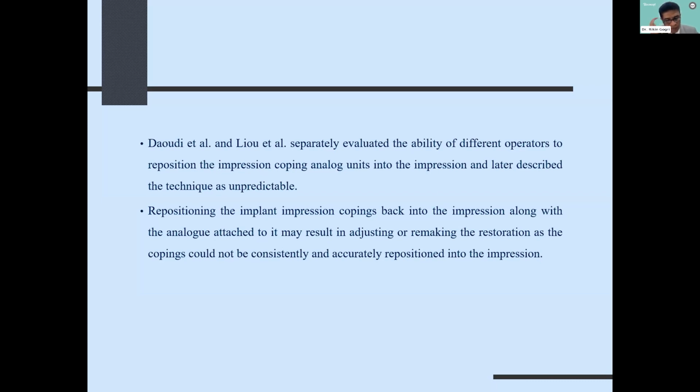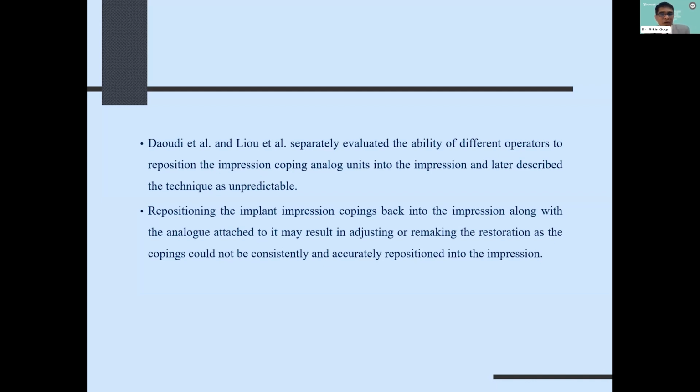So as I was saying, if your impression material is not of adequate thickness, or while you are trying to put the lab analog into the impression coping and you use the screwdriver a little more, then you might rotate the coping ever so slightly, which is the information the lab will have. And when you get the processed restoration back, it is sitting in a different axial position. Why?